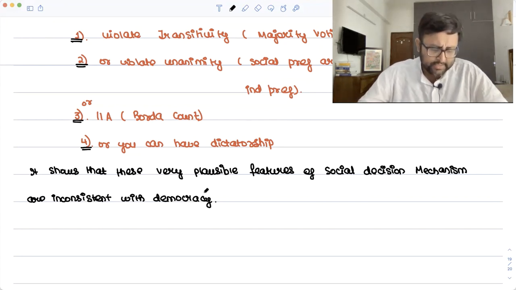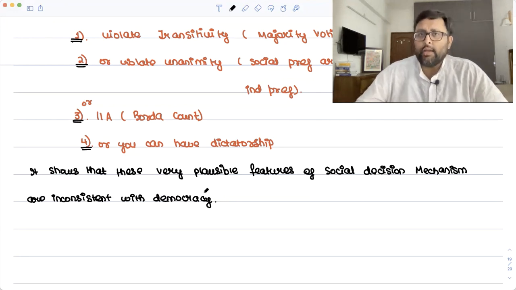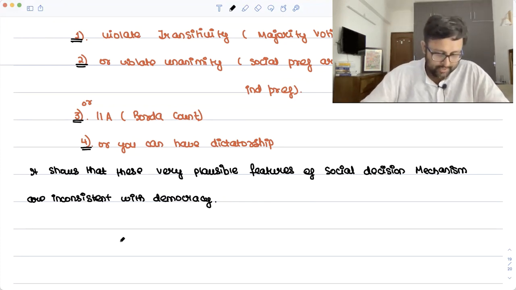It's a beautiful line which he has written. He said this: there is no perfect way to make a social decision. There is no perfect way of aggregating the preferences, right?